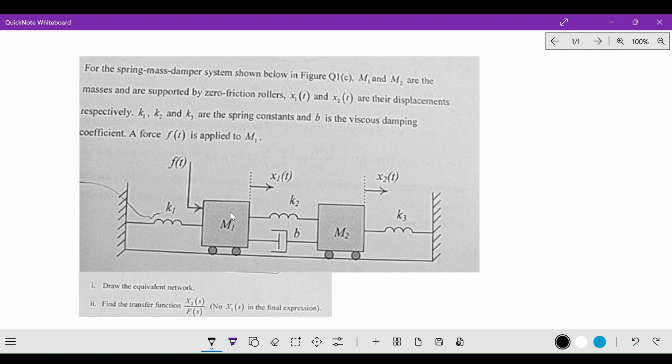So the displacement of mass 1 is x1, and the displacement of mass 2 is x2.